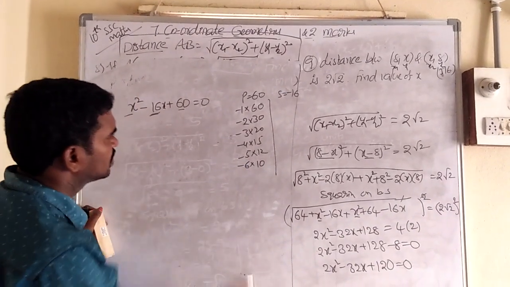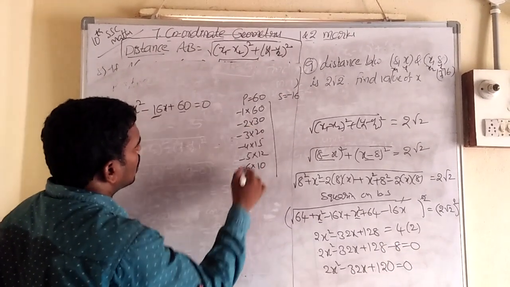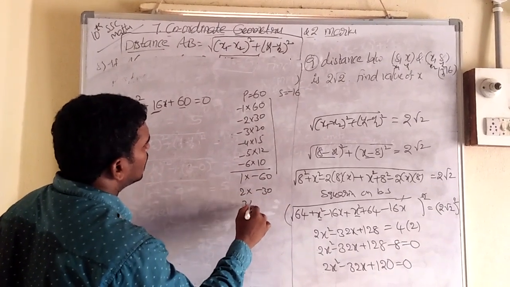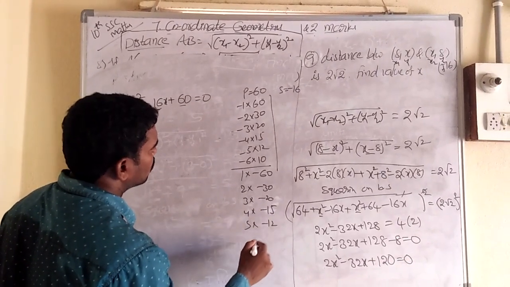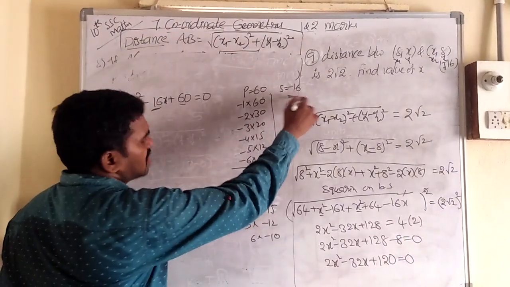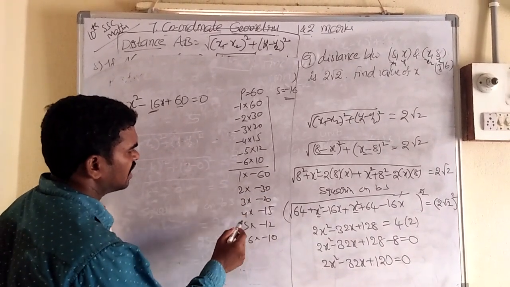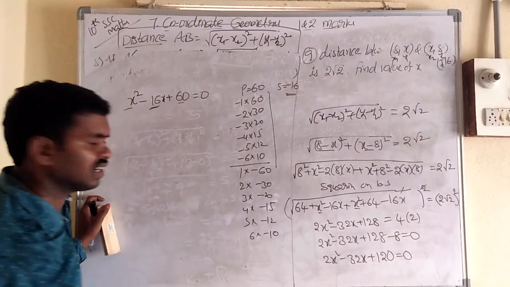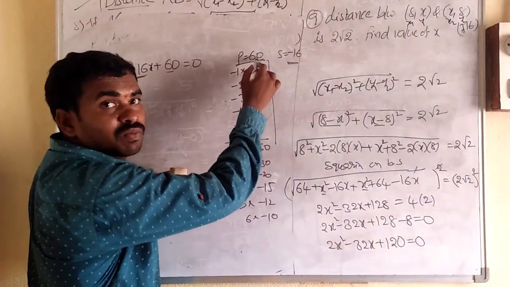Add every pair. Which pair is suitable for getting minus 16? 2 minus 30 is minus 28, minus 17 we are getting. 4 minus 15 is minus 9, 5 minus 12 is minus 7. Sorry, here it is plus 60.